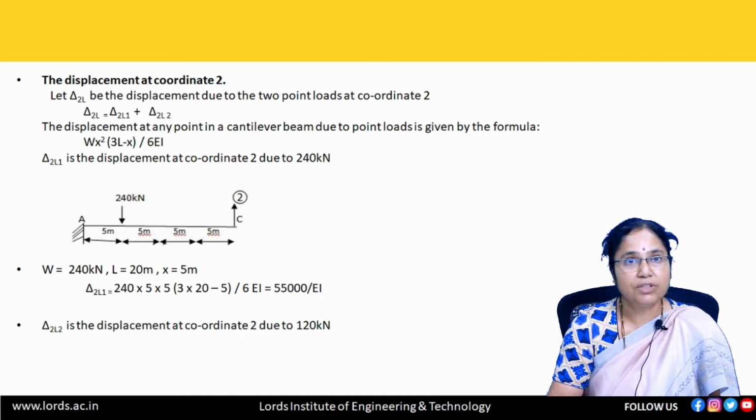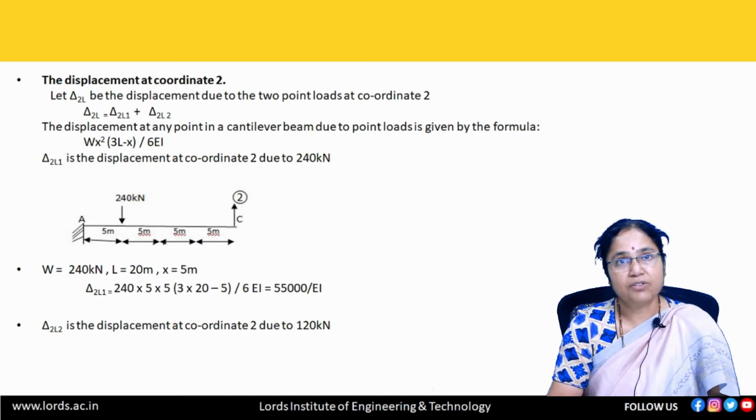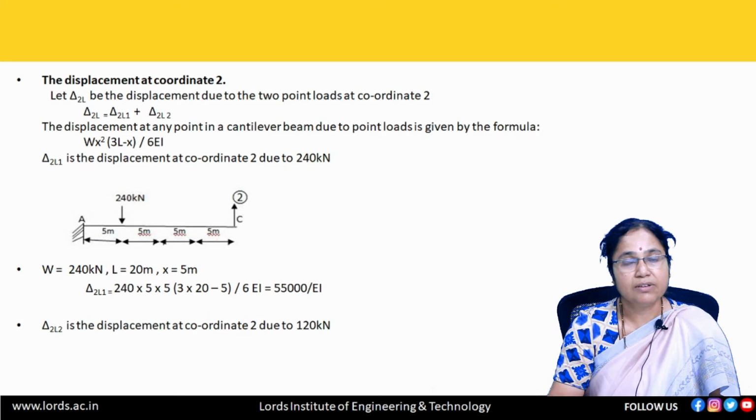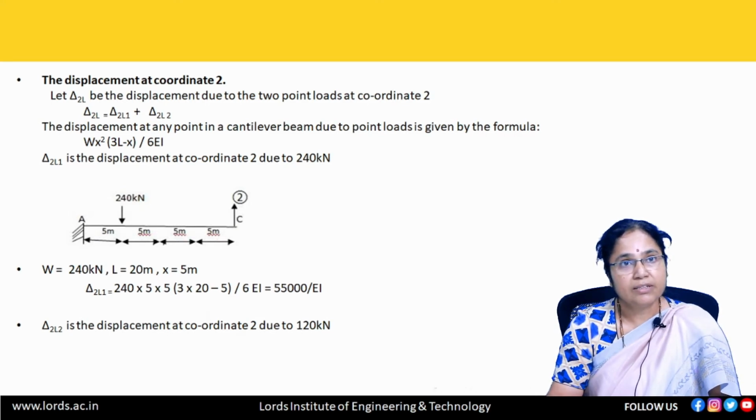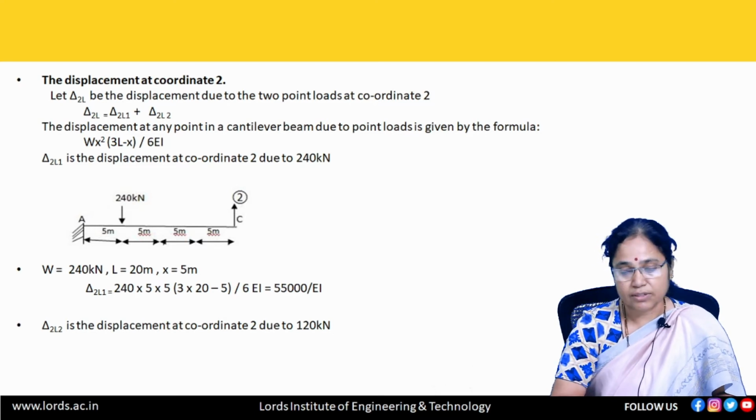Substituting all the values in the formula Wx square into 3L minus x by 6EI, we get delta 2L1 equal to 55000 by EI.